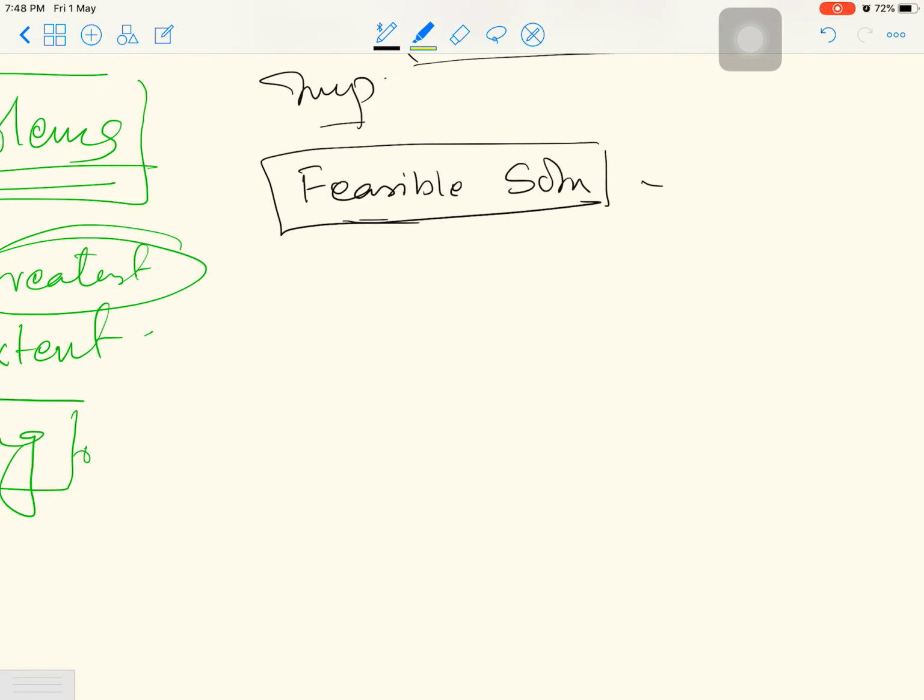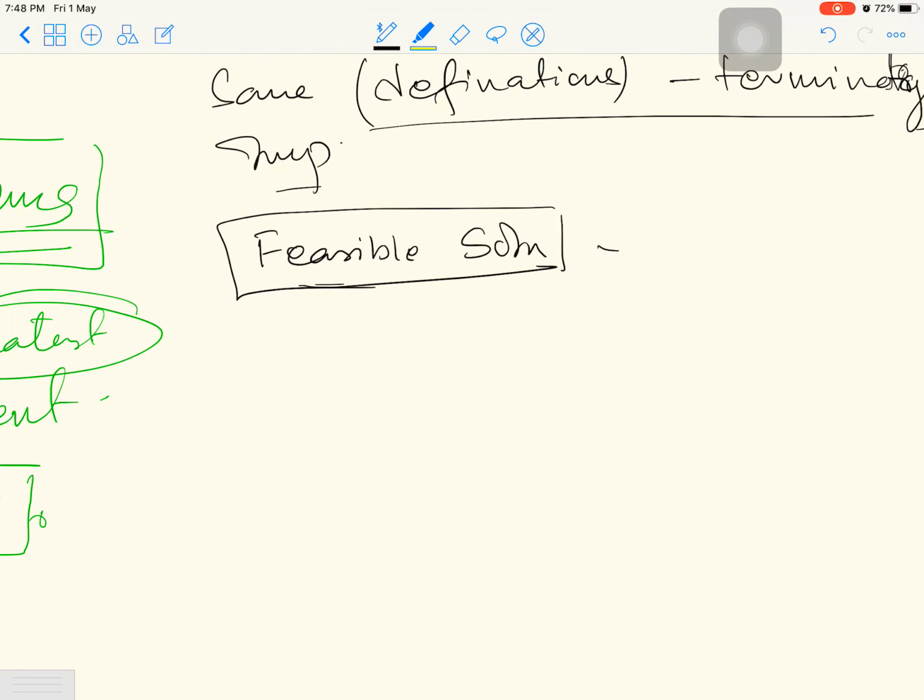Great. So what is a feasible solution? A feasible solution is a set of values of the decision variables, that means all those values of x and y that will satisfy the constraints of an LPP. You know, an LPP has three parts: objective function, constraints, and non-negative restriction.